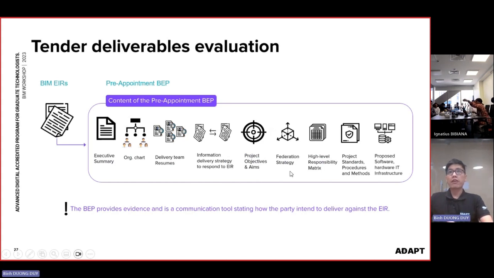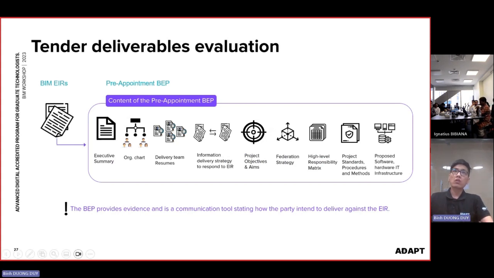There's some strategy about the federated model, which we consider as BIM coordination, combining the models from different disciplines, doing the federation. We also need to provide a high-level responsibility matrix, where we provide who will take care of which task and which components belong to which teams.